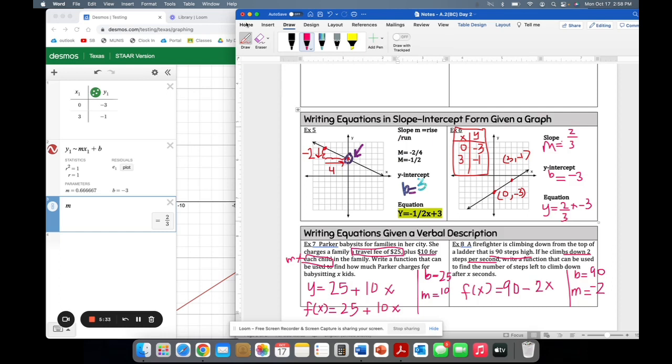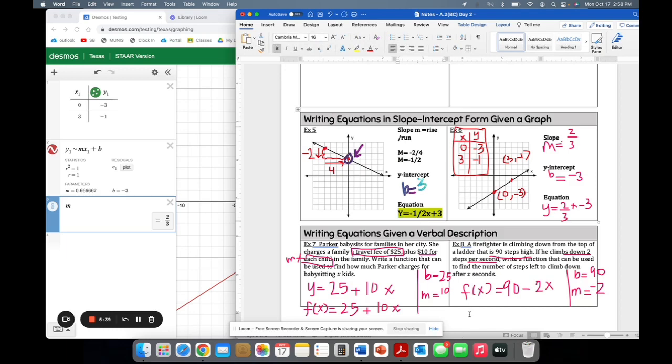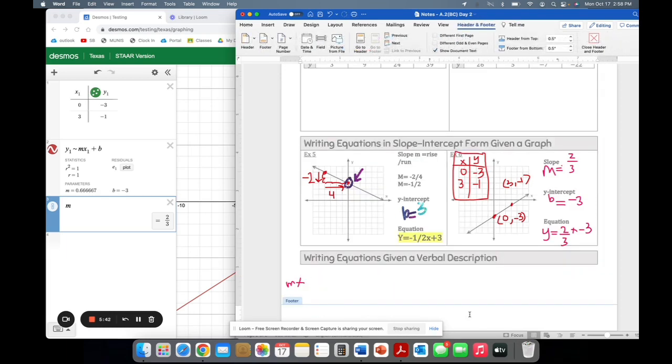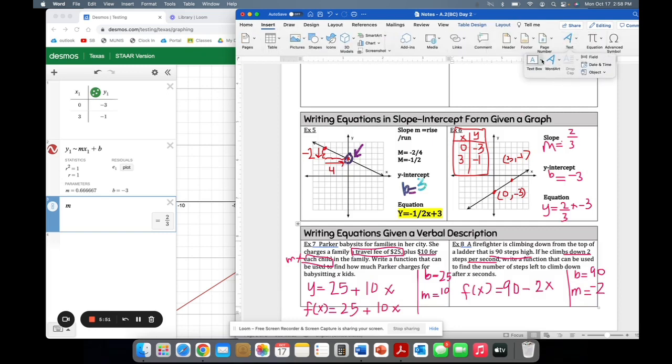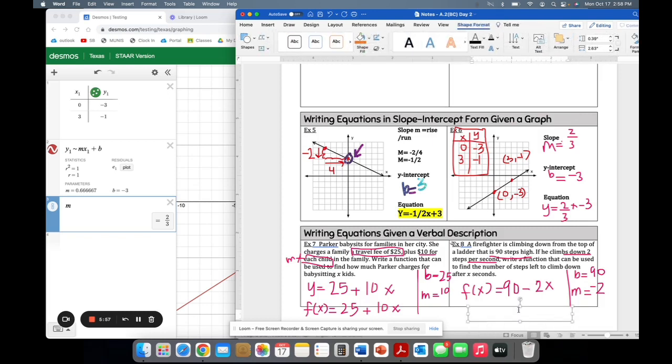I'm going to write some keywords over here that you have for your slope. So the keywords for your slope are: each, every, per.